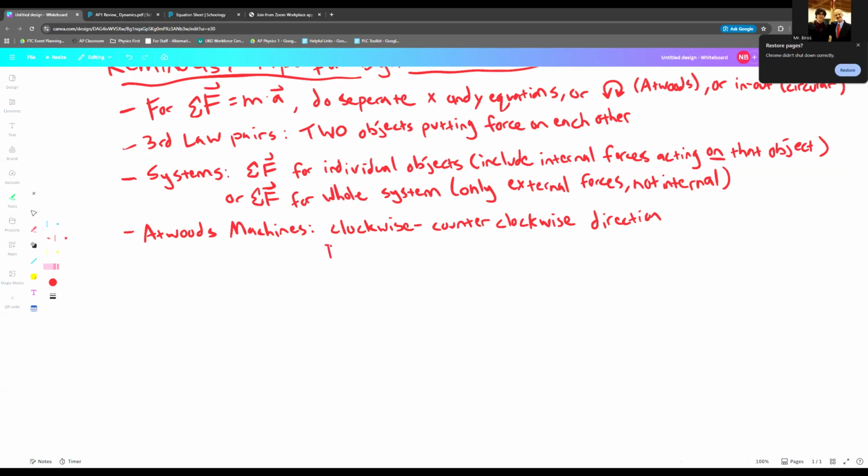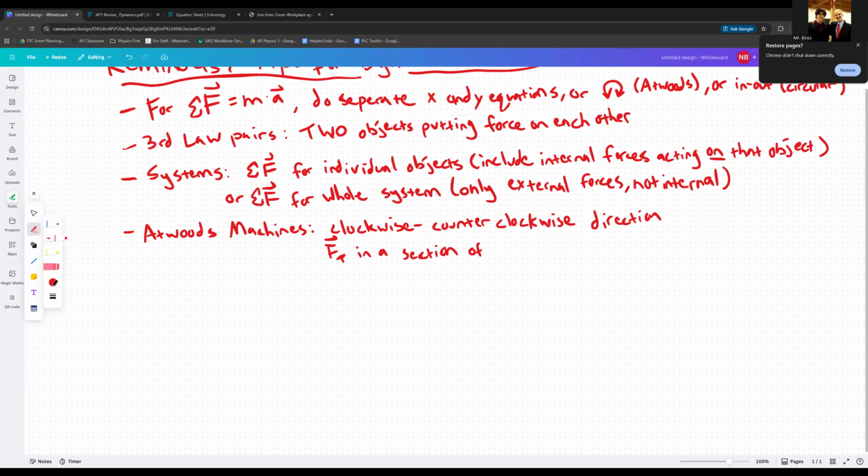Also, just a quick reminder, the force of tension, and this works for any tension you find, but especially for Atwood's machines too. Force of tension in a particular length or section of string. So if you have one particular string connecting two objects, the force of tension in that section of string or rope or whatever is the same all throughout.